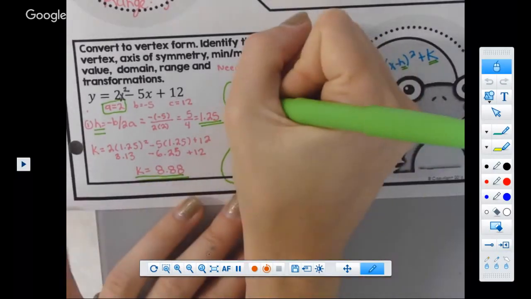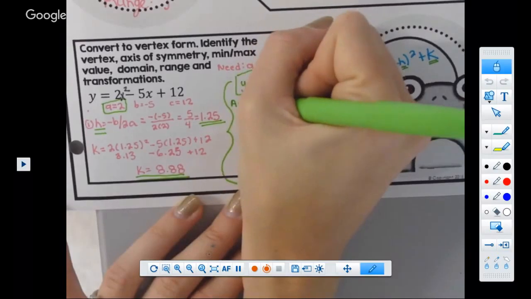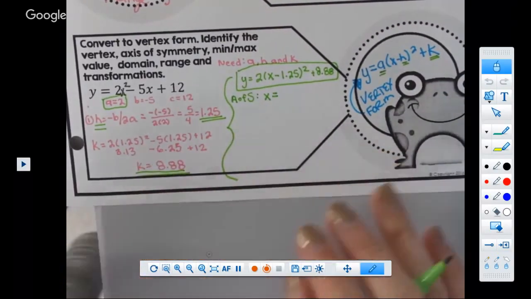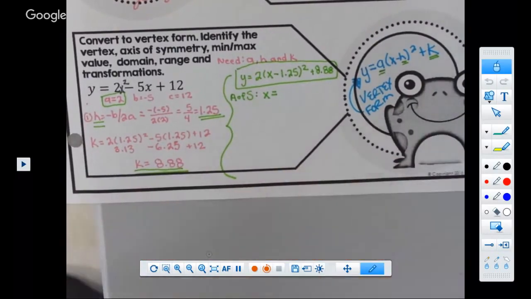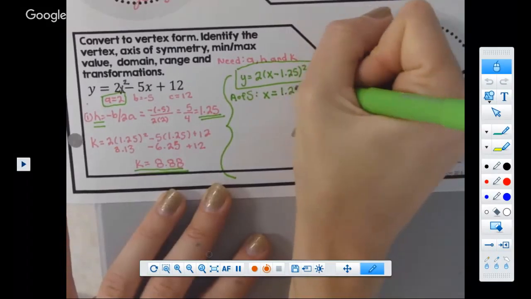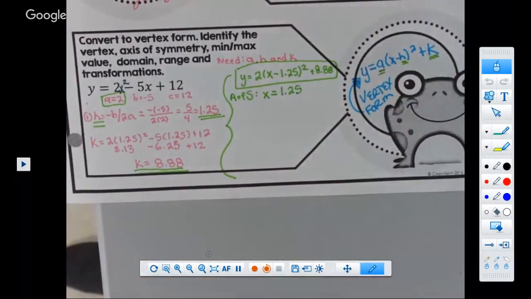Okay, the first thing it asks is for the axis of symmetry. So I know it's always going to be x equals. Y'all remember the formula for axis of symmetry? It's always x equals the x value or h. What is h? 1.25. So there we go. Axis of symmetry, x equals 1.25.